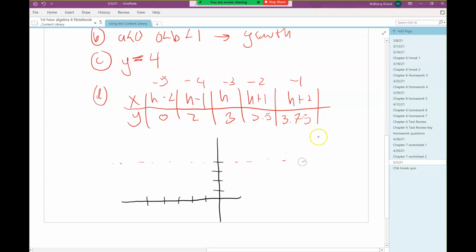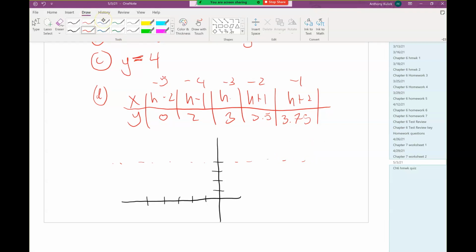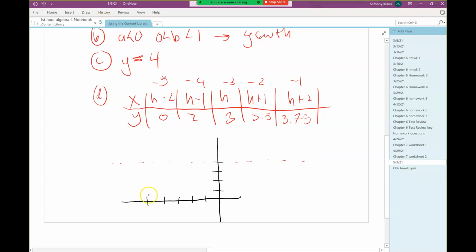Plot my points, so negative 5, 0, negative 4, 2, negative 3, 3, negative 2, 3.5, and then negative 1, 3.75. So it's going to look like this.